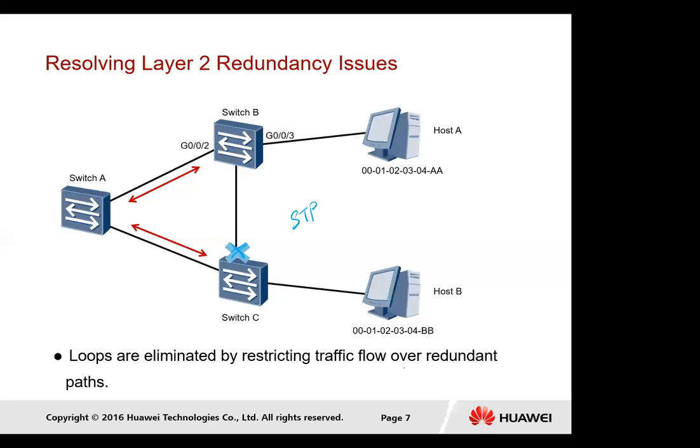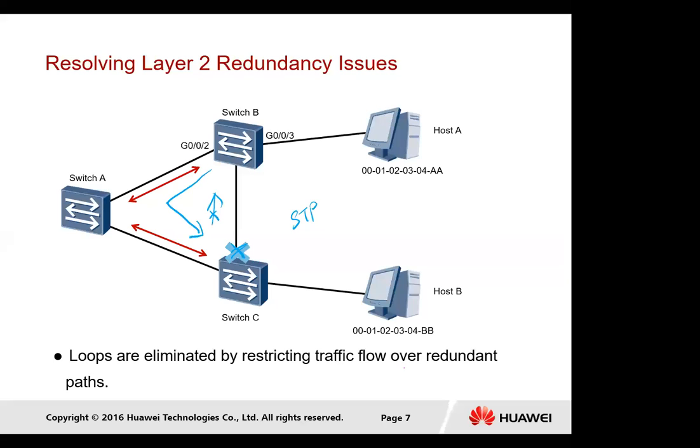So loops are eliminated by restricting the traffic flow over the redundant path. As long as you have restricted it, the connection will be fine. It means that whichever traffic I send, there is no return. This one is not allowed.